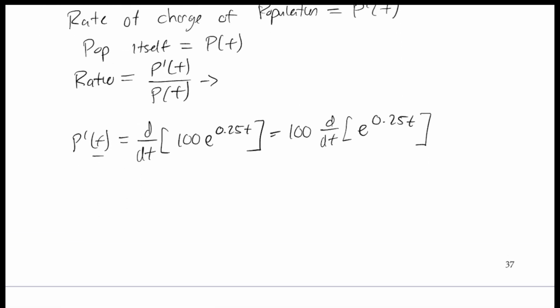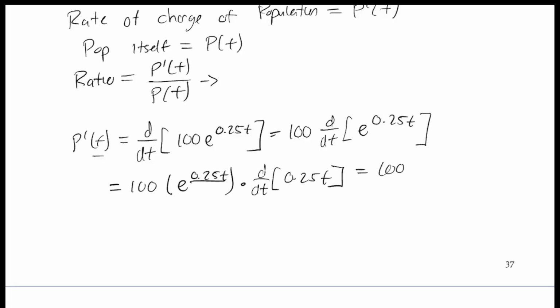The derivative of an exponential is itself. So this is 100 e to the 0.25t, and then we do chain rule. I have to take the derivative of the inside, that is 0.25t. And so we're going to get 100 times 0.25. The derivative of t is 1. And then the exponential is exactly the same.